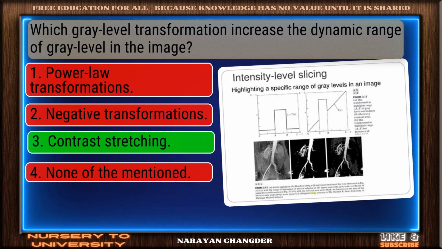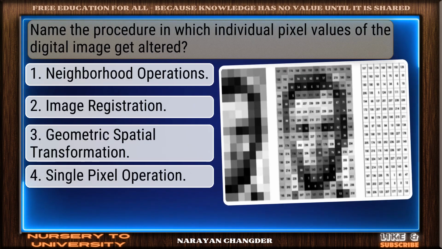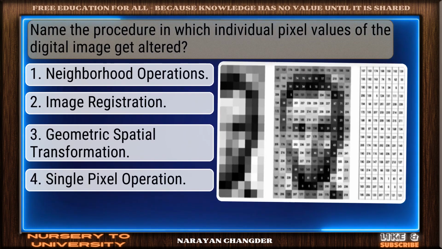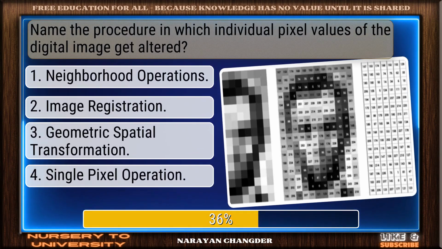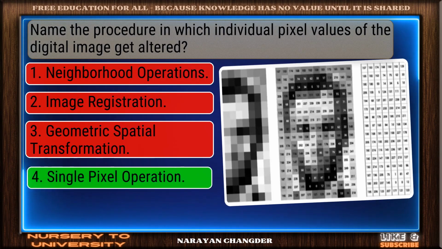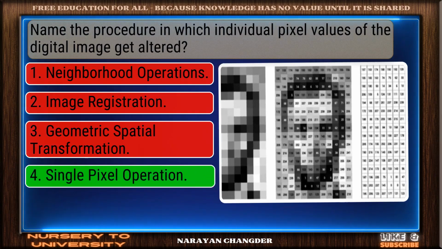Well picked. Contrast stretching is the correct answer. Question number 14. Name the procedure in which individual pixel values of the digital image get altered. Valid point. Single pixel operation is true.